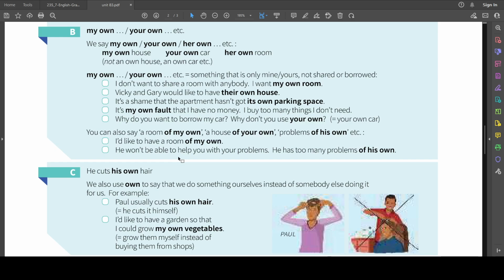In the same way, we are expressing that something belongs to you. It's not shared. It's my own room. He has too many problems of his own. We're talking about problems that belong to that person, but only that person.